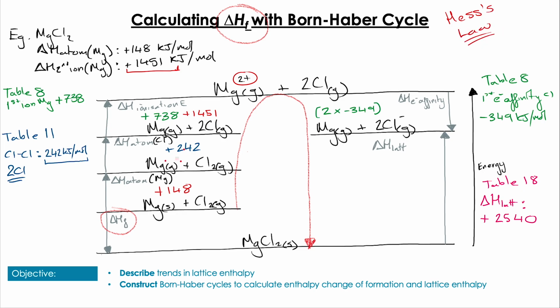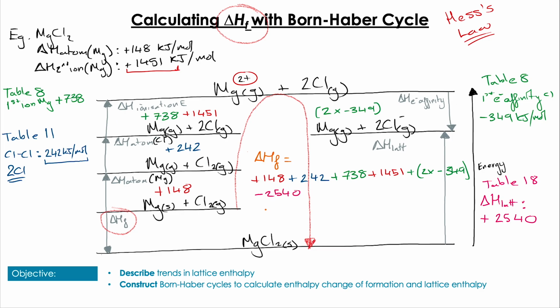So just as before, we can use Hess's law to create an equation to solve for the enthalpy of formation. So all we need to do is take all of the values as we go round the cycle. So the enthalpy of formation is going to equal plus 148 plus 242 plus 738 plus 1451. And then coming down the other side, we've got plus 2 times minus 349 and minus 2540.